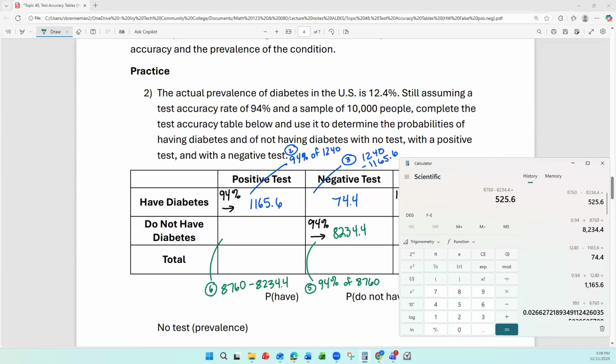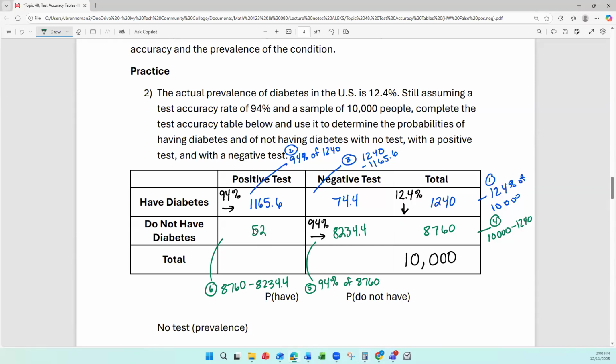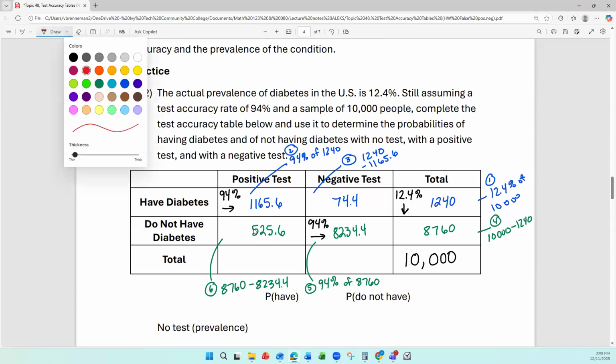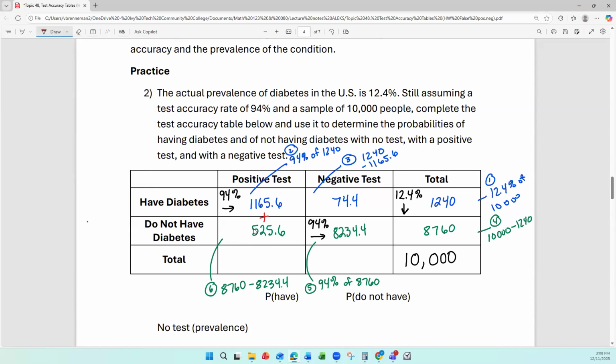That's 525.6. And then I finish things out by adding up the columns. For positive tests, there's a total of 1,691.2. And for negative tests, there's a total of 8,308.8.